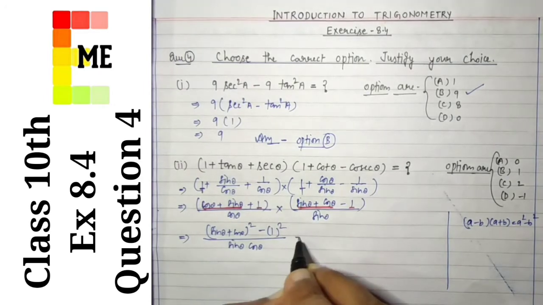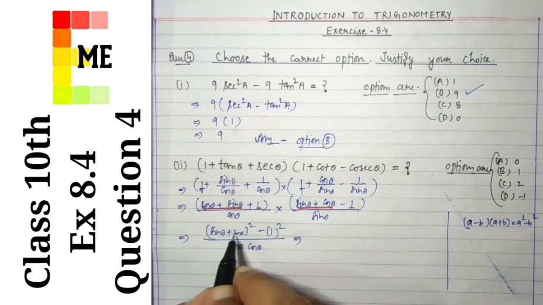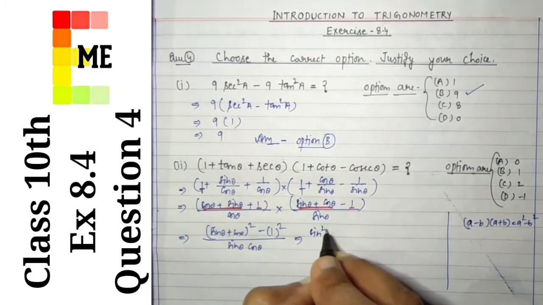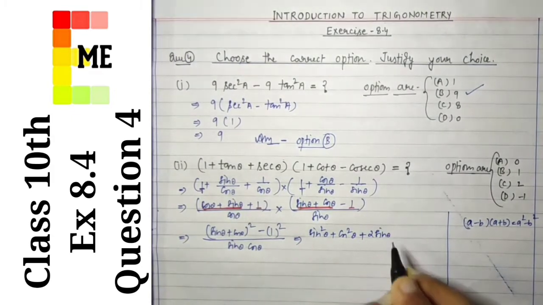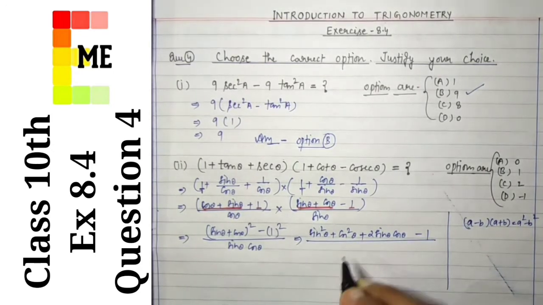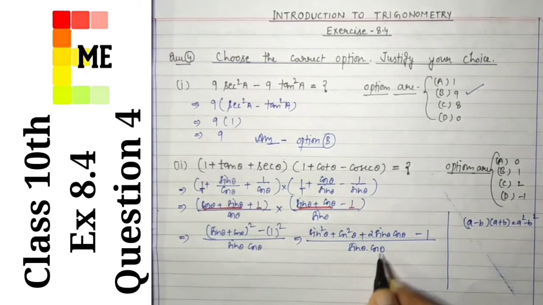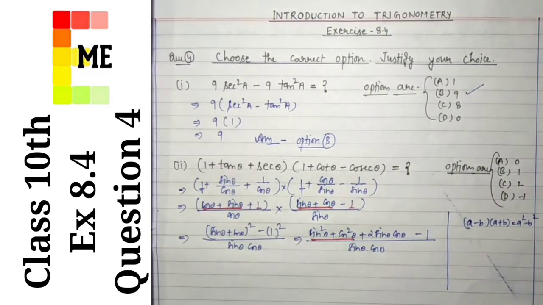We can use another identity, a plus b whole square. So sin theta plus cos theta whole square gives you sin square theta plus cos square theta plus 2 sin theta cos theta, and minus 1, divided by sin theta cos theta. Now you know that sin square theta plus cos square theta is equal to 1. We can write 1 in place of sin square theta plus cos square theta.